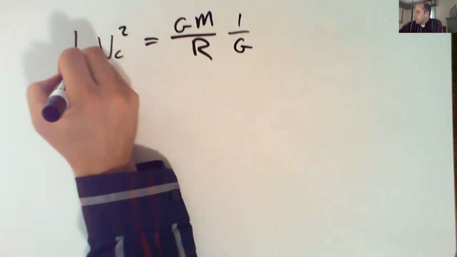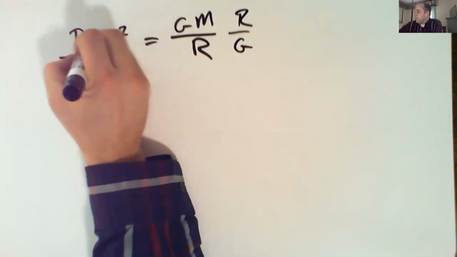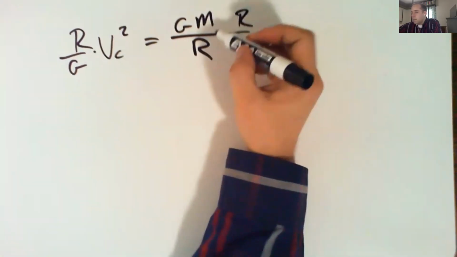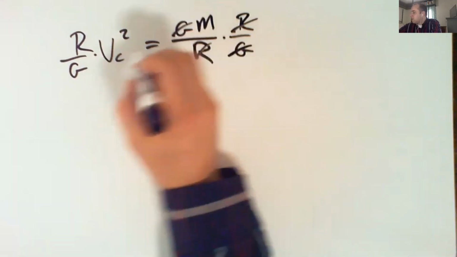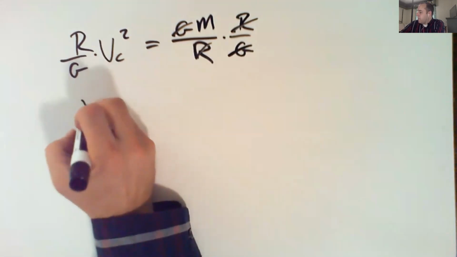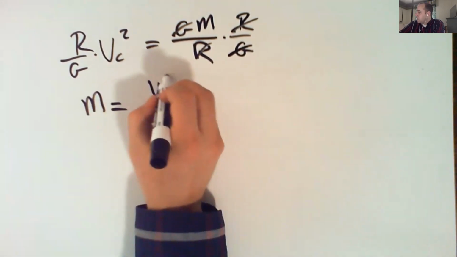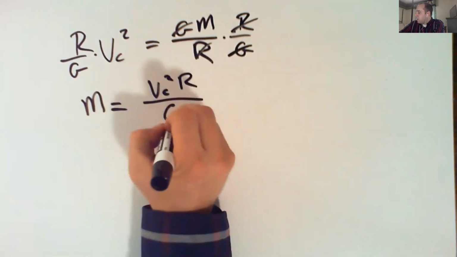Multiply by 1 over G, and get rid of the r on both sides. We can just multiply by r on both sides. Multiplying both sides by r over G, the r's cancel out over here, the G's cancel out over here, and we get M, the mass, is equal to v circular squared times r divided by G.